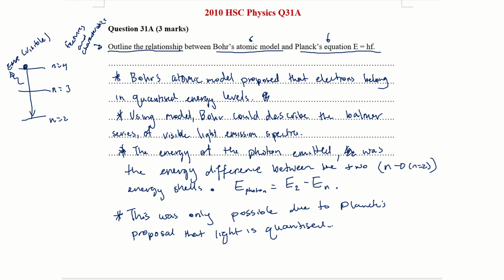Otherwise, we wouldn't have this concept that the electron shells or energy shells would be quantized as well, and therefore we wouldn't be able to explain the light spectra that way.